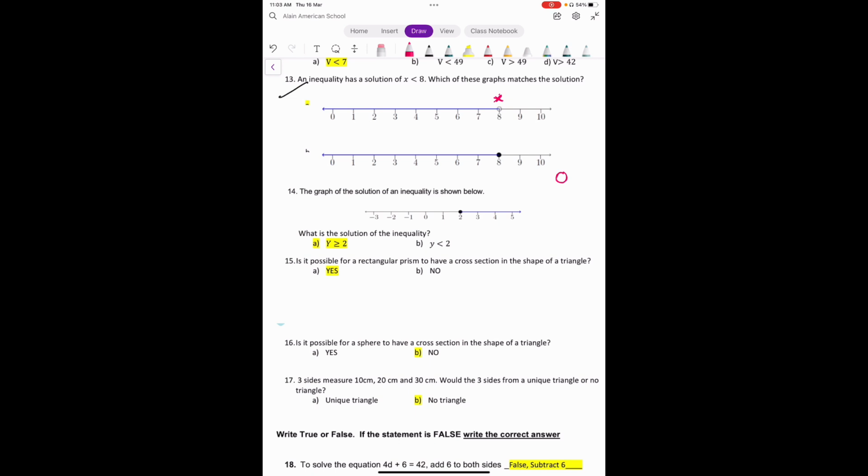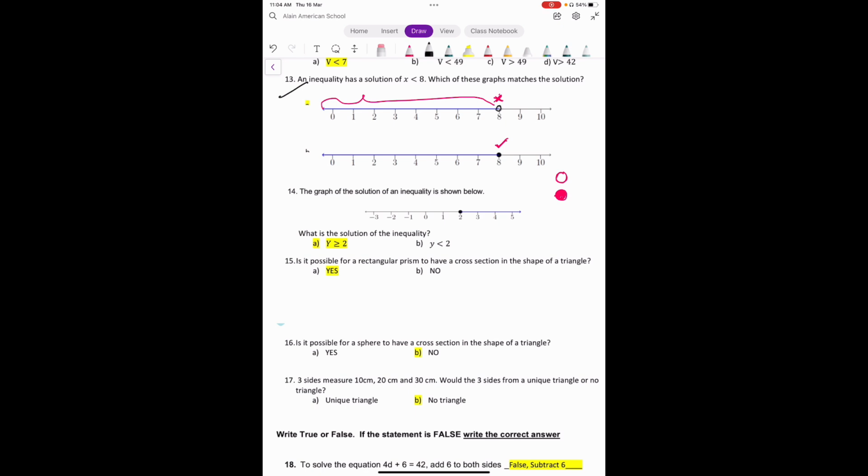But if it is a closed circle, you're also counting 8. What does this mean? So this line says any value from 0 till 8. But should I count 8 or not? This is the question. Should I take in 8 or not? Here in this case, because the circle is an open circle, I cannot take 8.